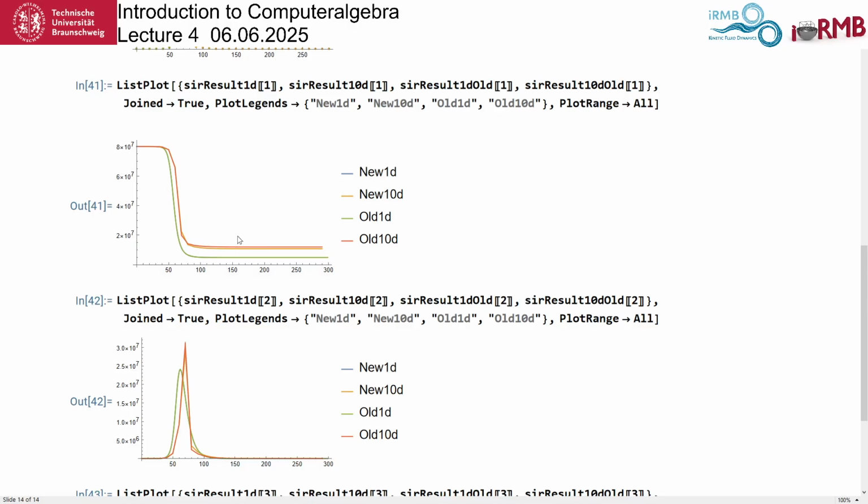Other than that, the orange is a little bit better than the red, almost negligible, but just a little bit better, which means that for this particular case, the new method is just so slightly better than the half-step method.